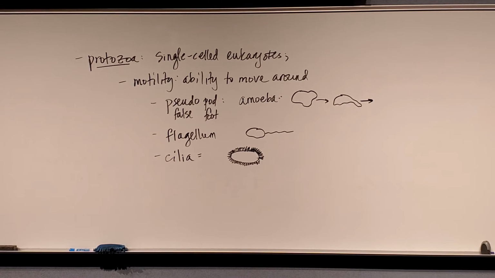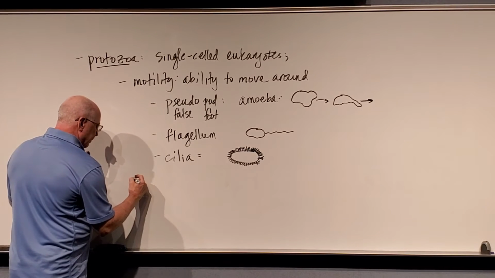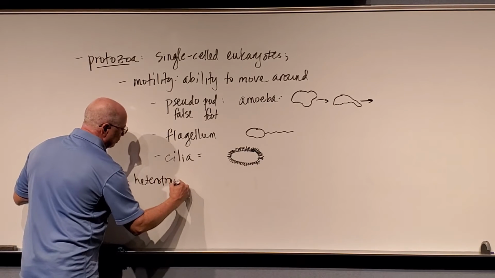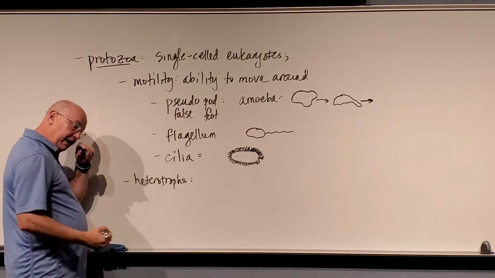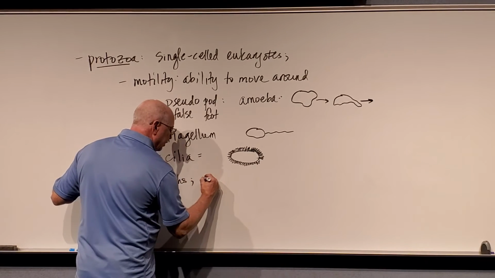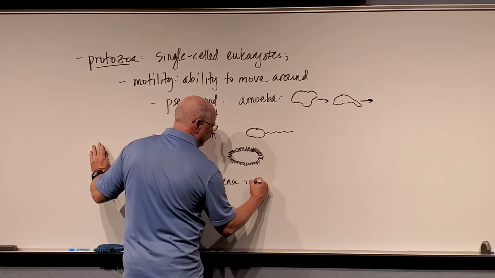A couple of things that we know about protozoa is most of them are heterotrophs, meaning they have to exist off of other organic compounds. But one of them, for example, one called euglena, is photosynthetic.